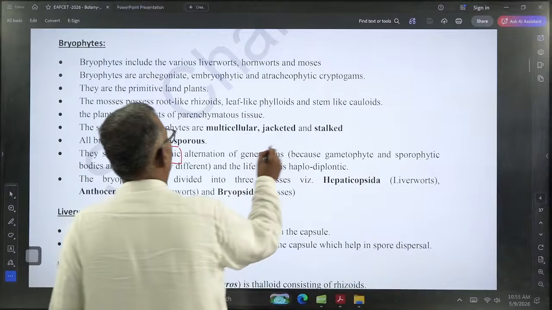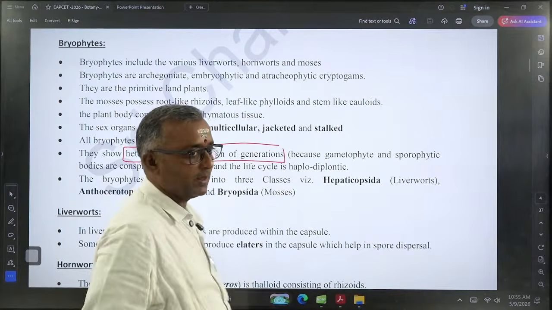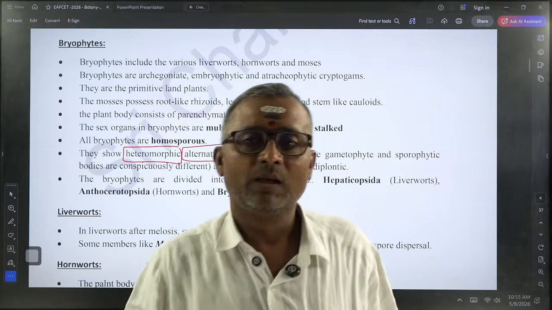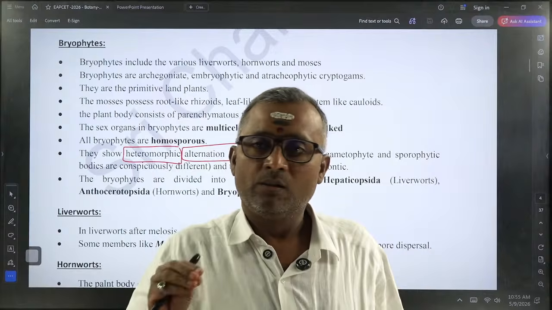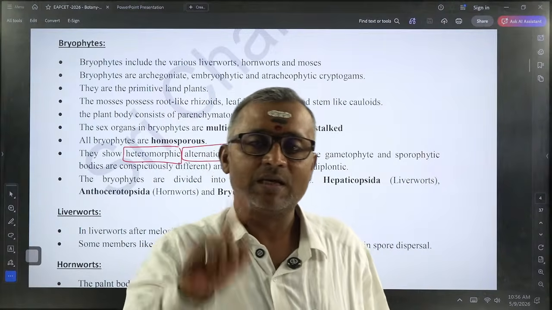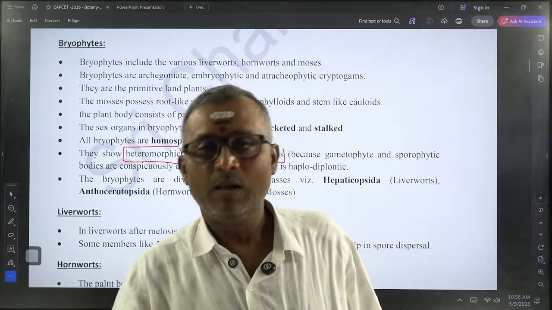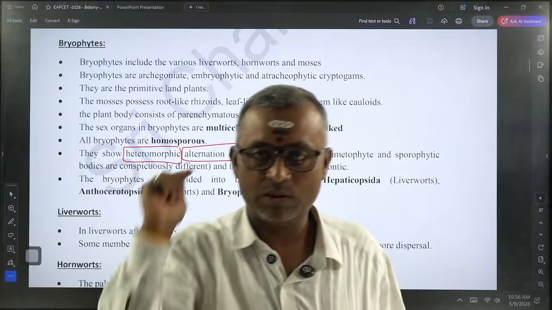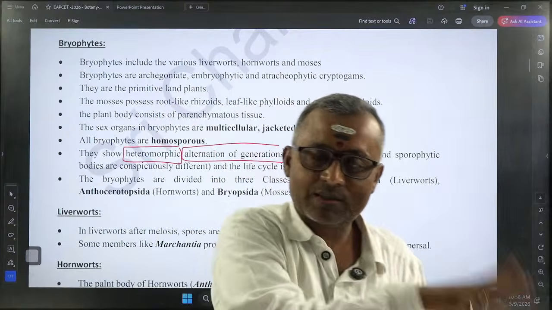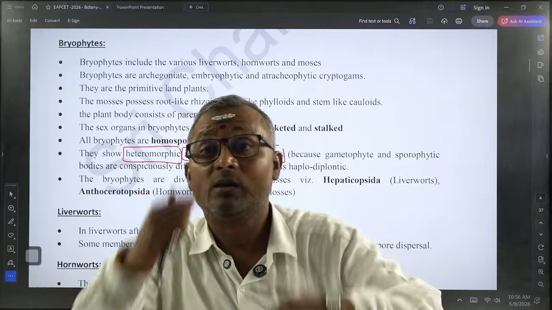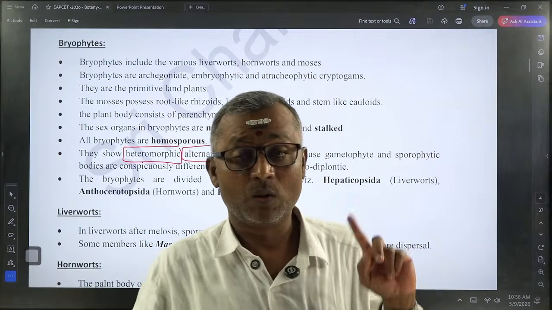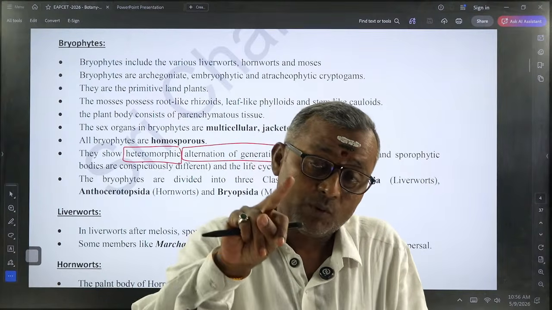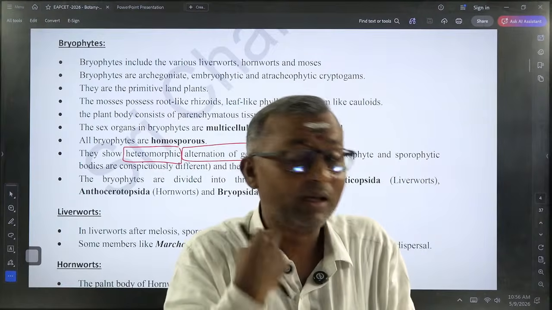And they also have alternation of generation. That means the gametophyte alternates with the sporophyte. The gametophyte produces gametes. These gametes fuse and form a zygote. The zygote then gives a sporophyte. The sporophyte through meiosis produces spores. The spores again produce the gametophyte. So they are alternating. Why is it called heteromorphic? Because their gametophyte and sporophyte are morphologically entirely different.